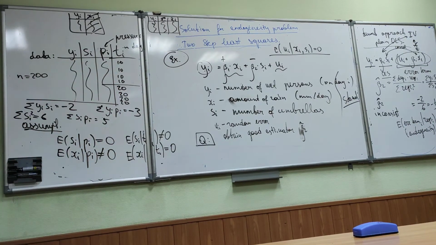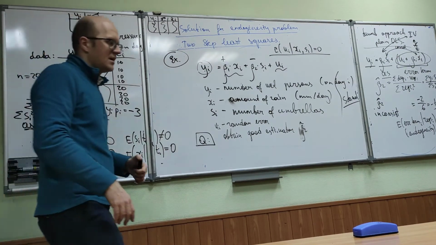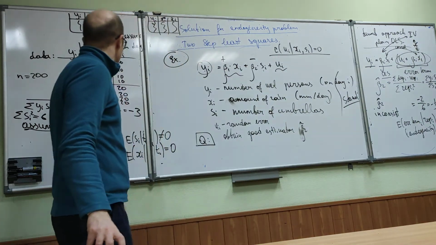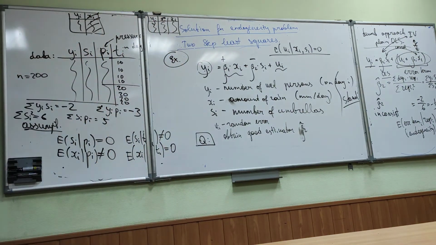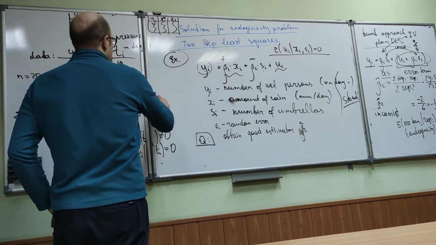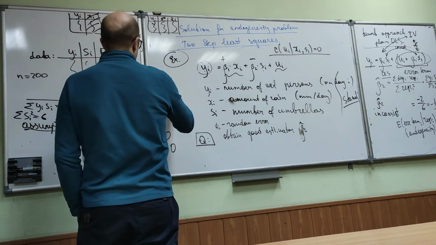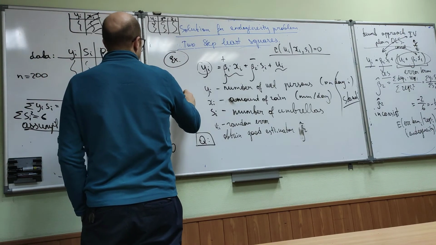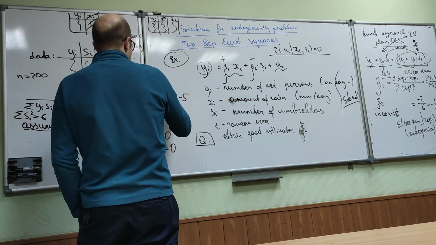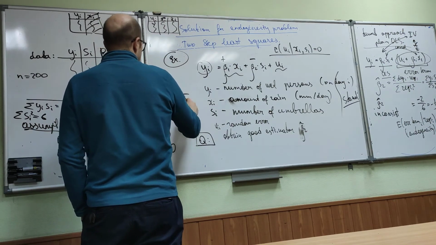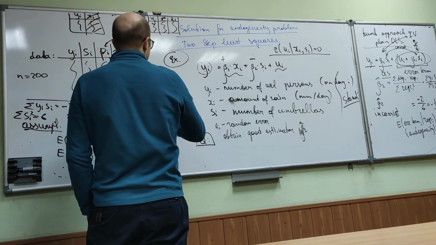You need not only to find it, but to collect data on it. But imagine that you have data on this umbrella tax, and the sum of y times umbrella tax is -5. The sum of t times s is, let's say, 3.